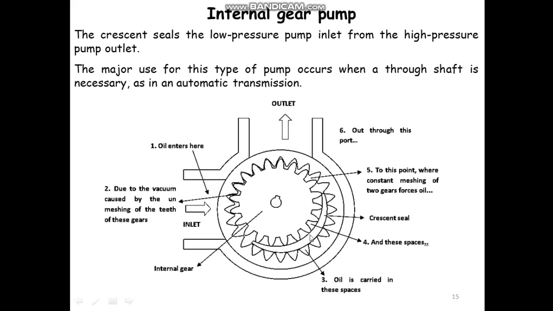That is why it is called a crescent seal. It acts as a seal because it prevents leakage of high pressure liquid to the area of low pressure liquid.